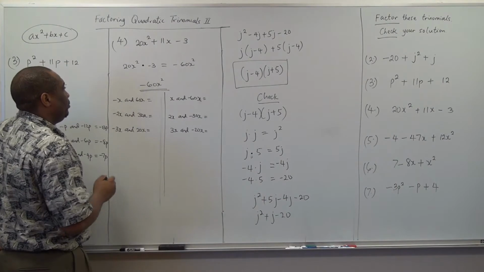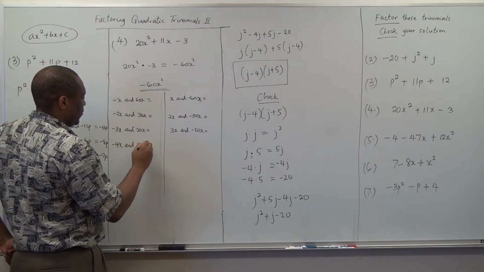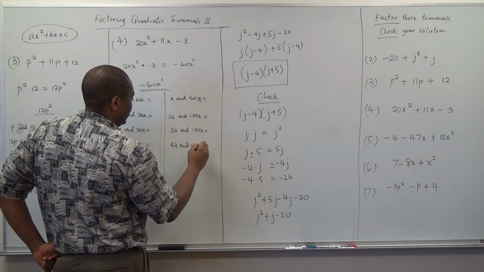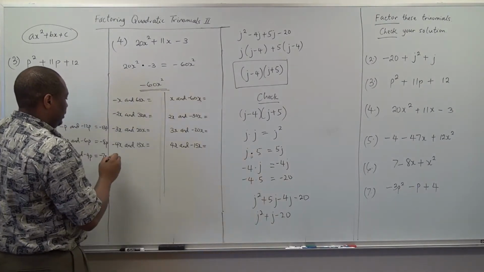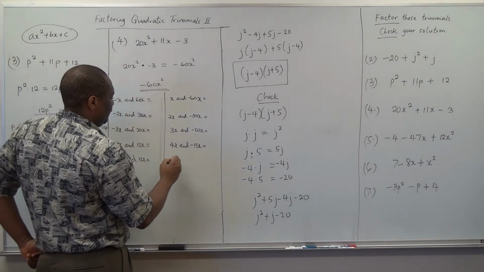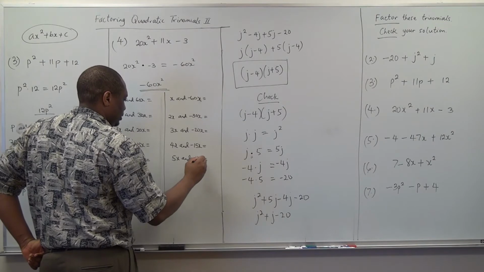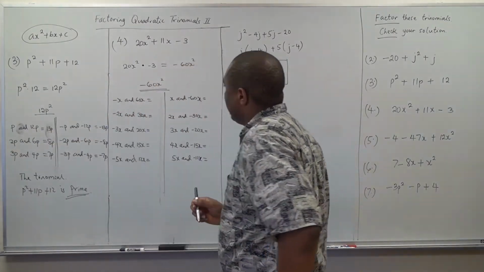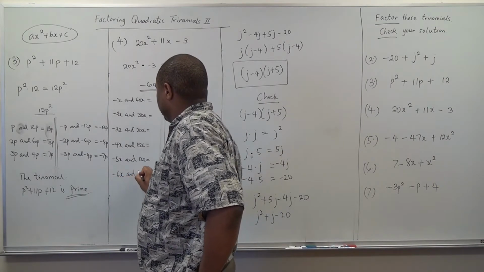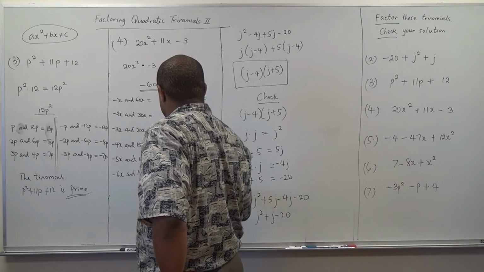We also have negative 4x and 15x, then 4x and negative 15x. Then negative 5x and 12x, then 5x and negative 12x. We also have negative 6x and 10x, and we have 6x and negative 10x.